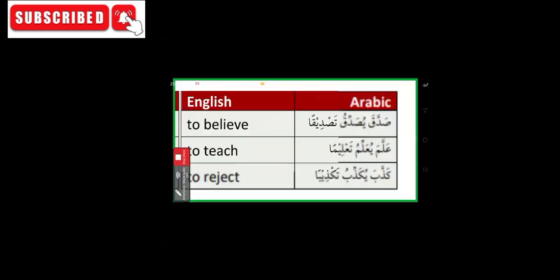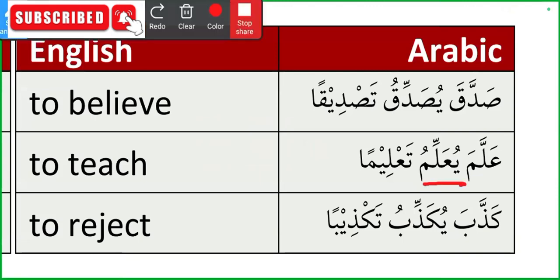Okay, moving on to ism maf'ul. So what would be the ism maf'ul? The ism fa'il was muallimun. What should be maf'ul? Muallamun. Right?